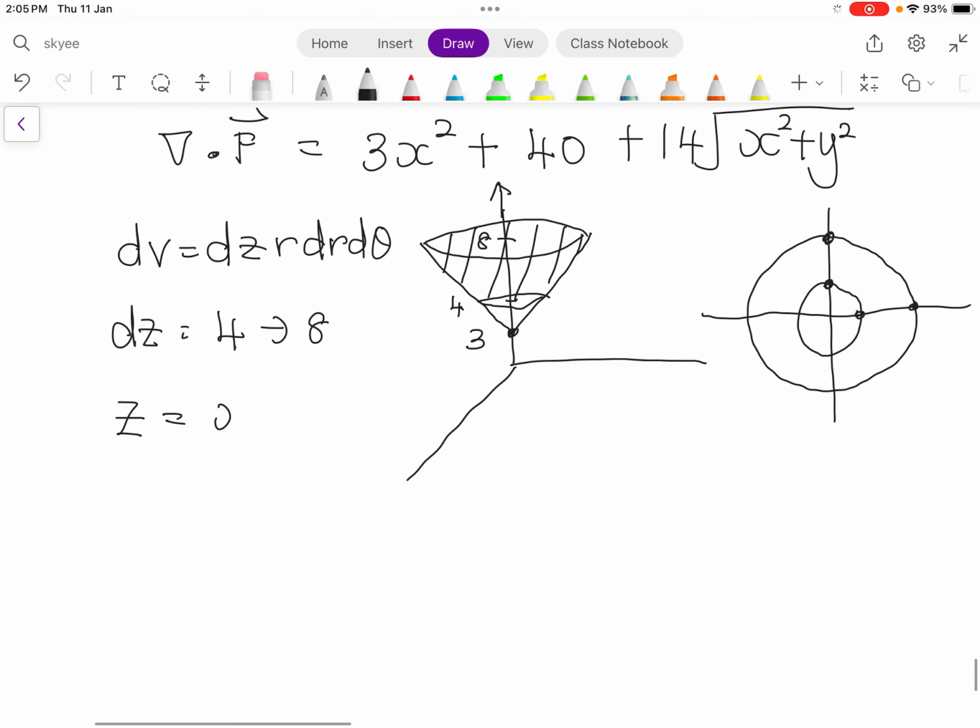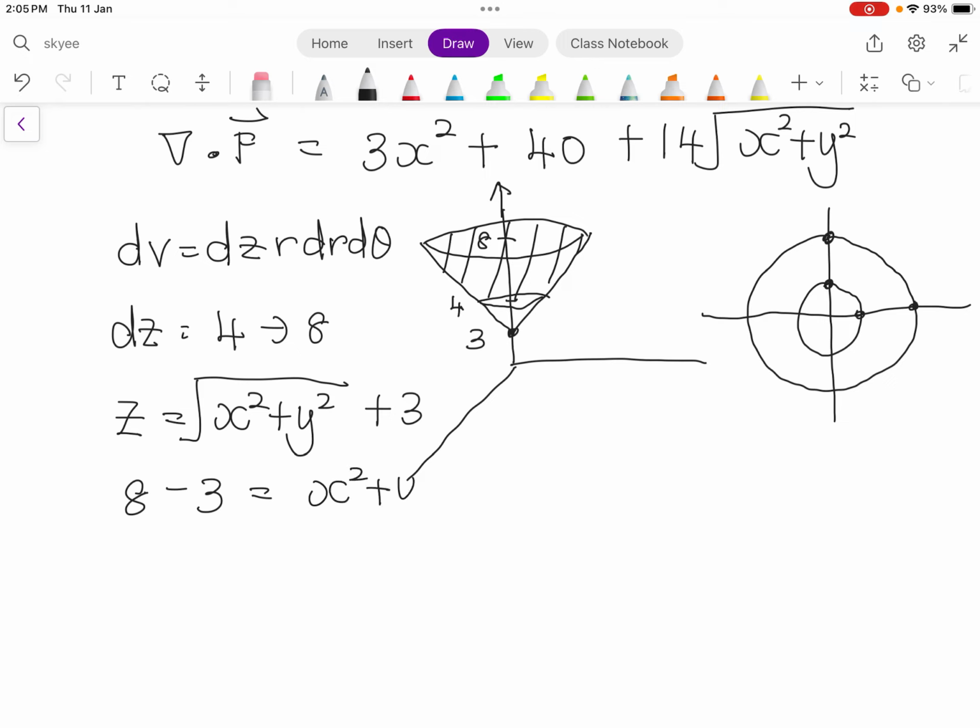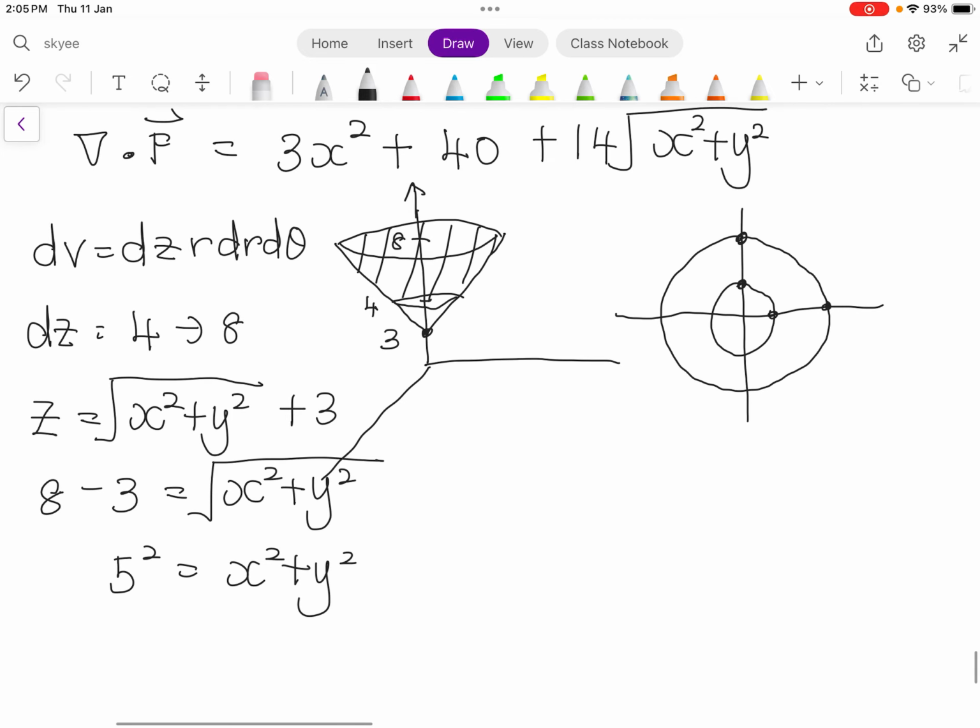So you can use these equations. This is the equation of the cone at position 8, so here will be 8 minus 3, which becomes 5. So the radius is 5.